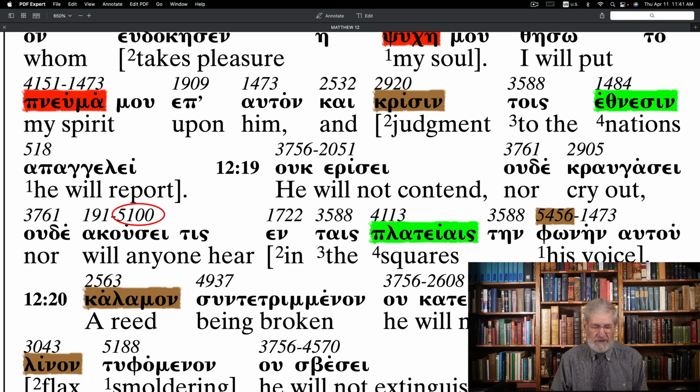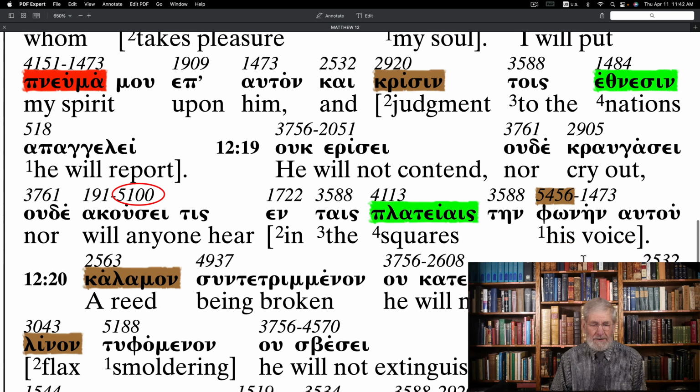So you could see that and say, well, that's the opposite, because it says here, will anyone hear? Well, here, akousei could also be used as to hearken, to take it in, his voice in the squares. The idea of him yelling or contending is different than teaching in the squares, where Jesus brings this up. Apparently he did.